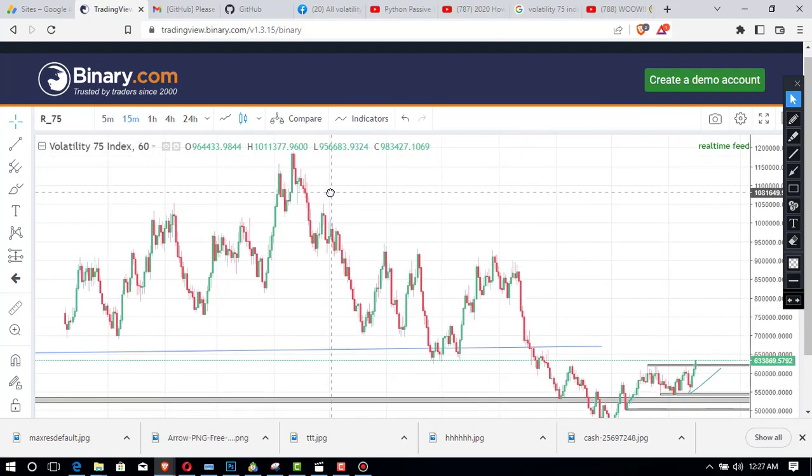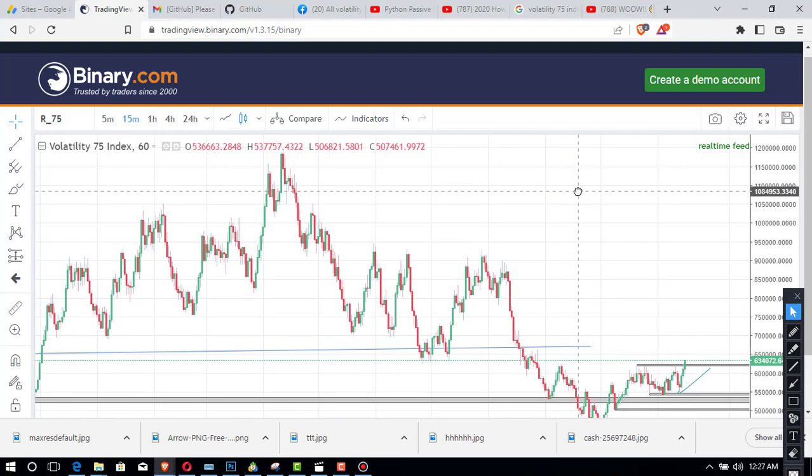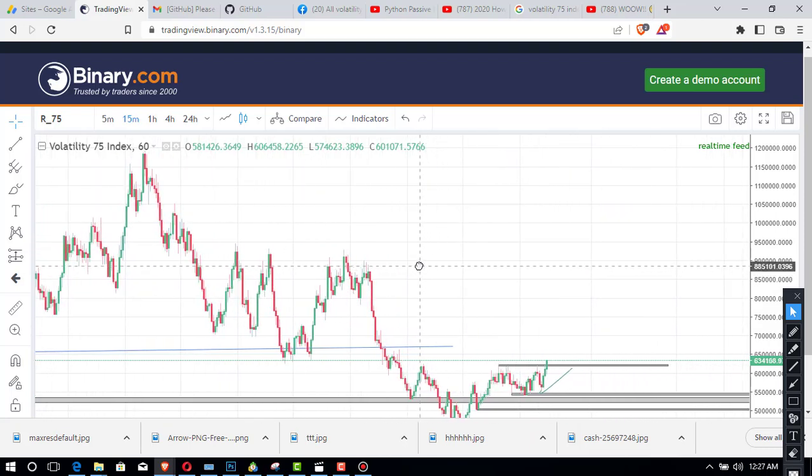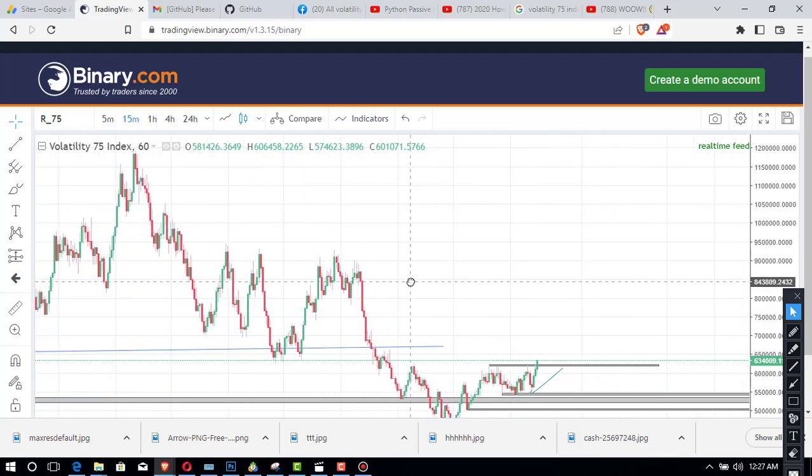But you have to find your secret. You have to find the thing that can make you profitable. You have to find something that can help you get more money in trading. You have to make a trade.